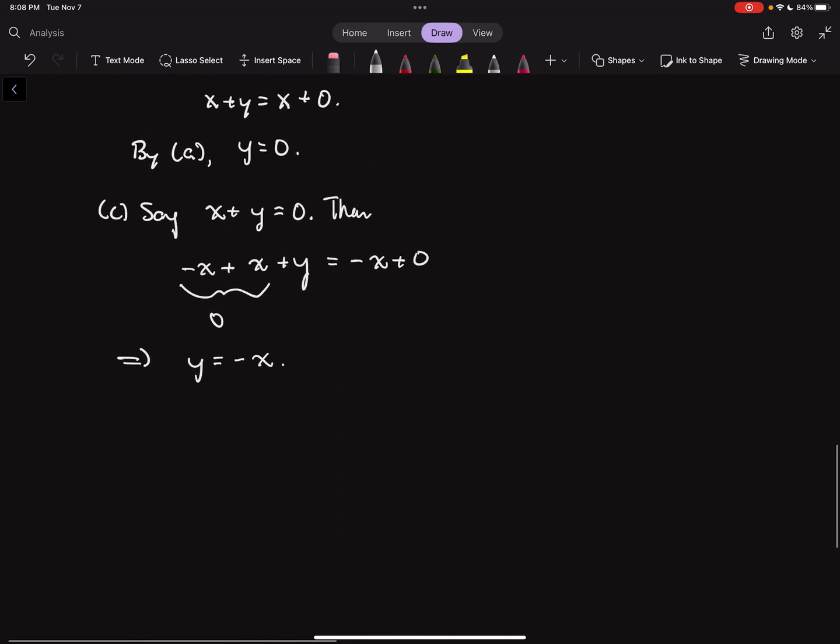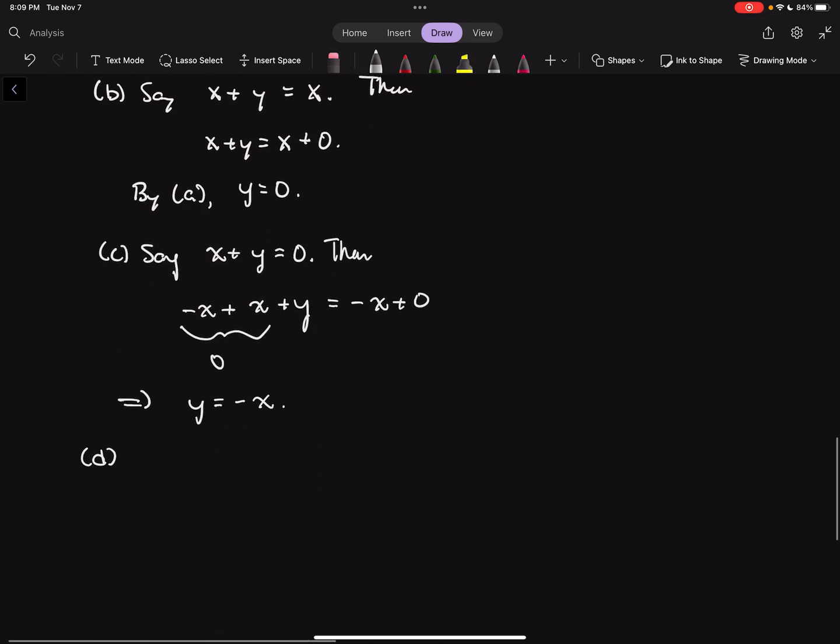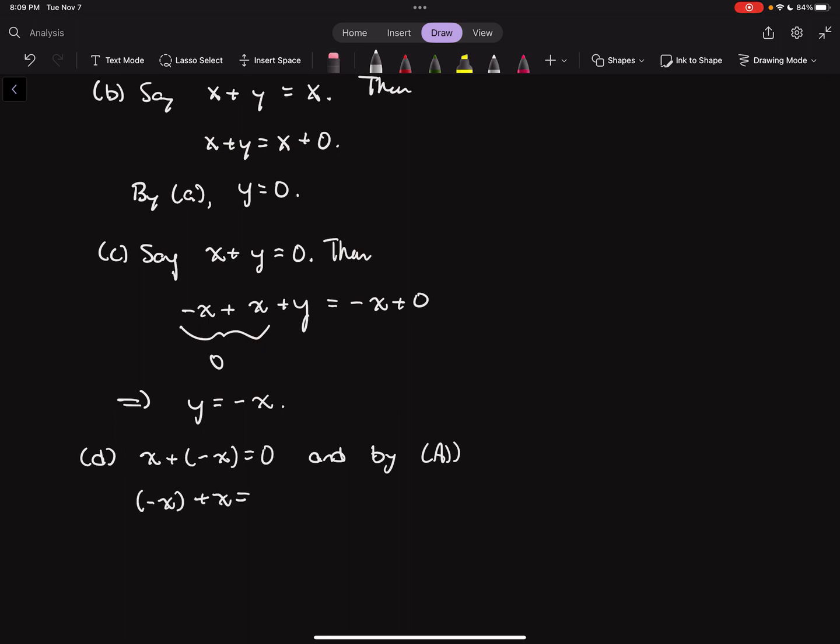And D, so remember, we want to show that negative x is just x. So x plus minus x is 0, right? And then by A1, negative x plus x equals 0.